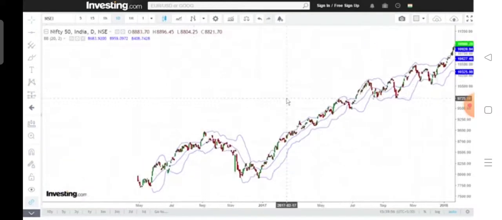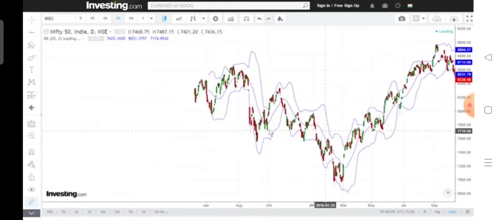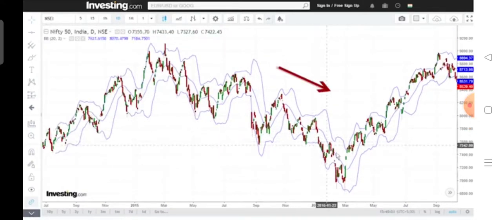Now let us look at the period when Nifty was in the downtrend. See here also we could see that the mid Bollinger line acted as a resistance, and eventually after that the price went down.